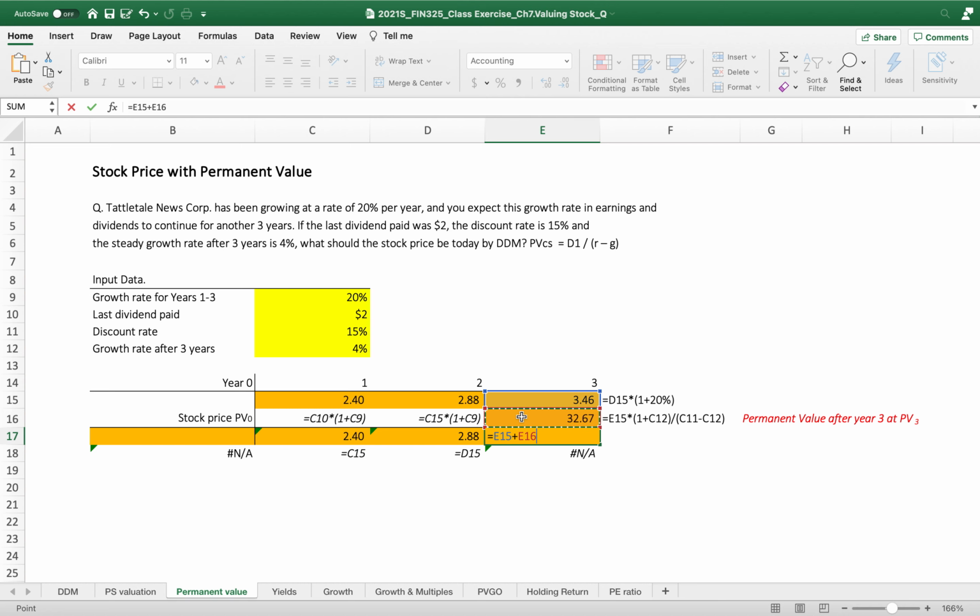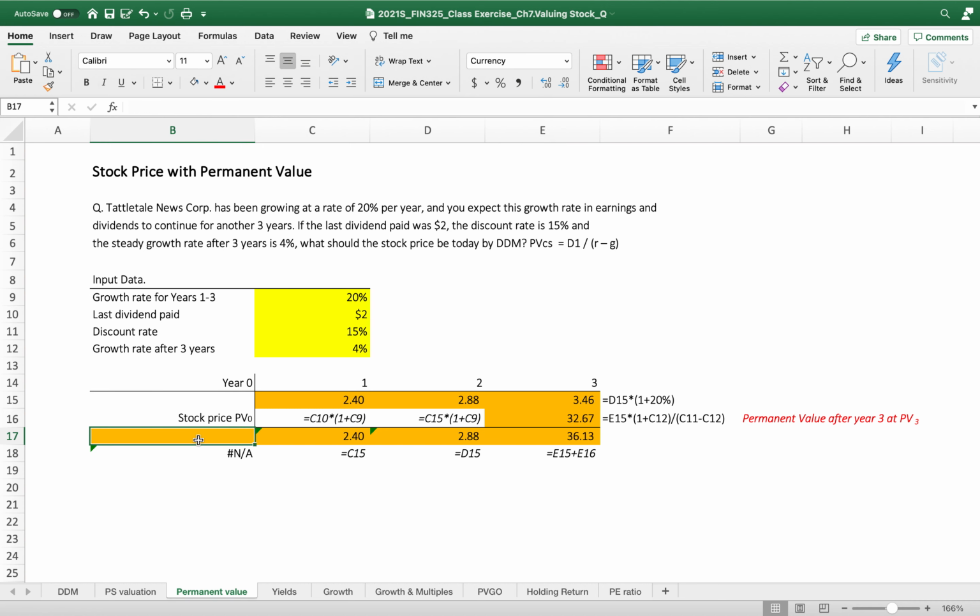It's not the present value, but we can just apply the year 3 present value with D4 divided by R minus G. Okay, so we got $32. So the $36 is the future cash flows, including the permanent value. Then, how do you calculate the total of the future cash flows?